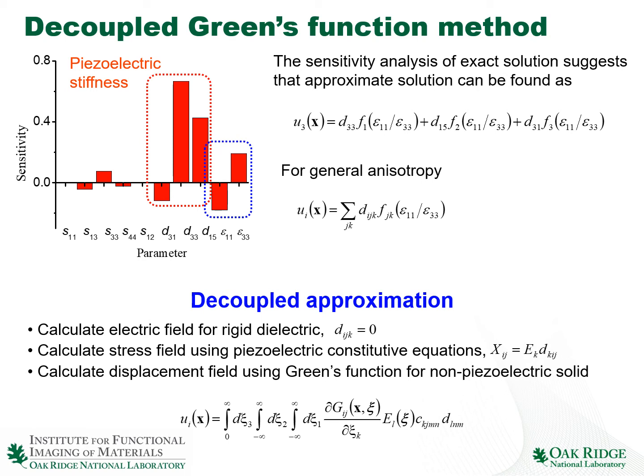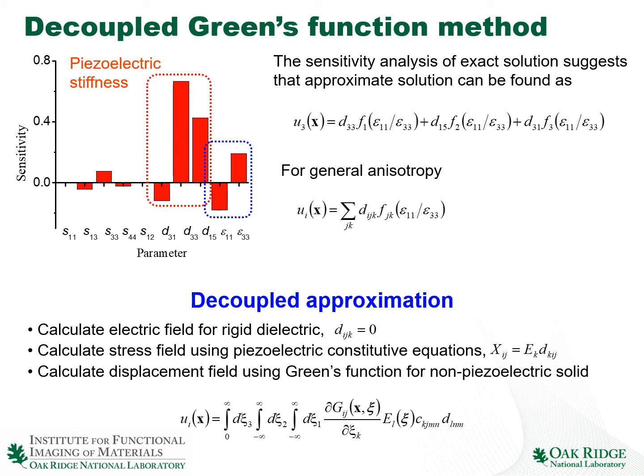It turns out that the sensitivity analysis of the exact solution suggests that the approximate solution can be looked for in the form of a linear combination of the piezoelectric constants multiplied by a function of the ratio of the dielectric constants, so the dielectric anisotropy.